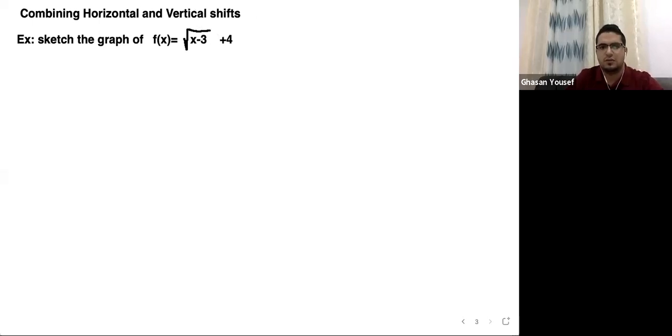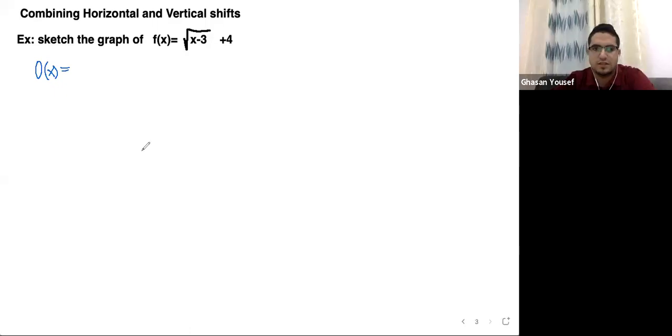What we should do for graphing this function. First of all, you should ask yourself, what is the original function? O of x is the original function.